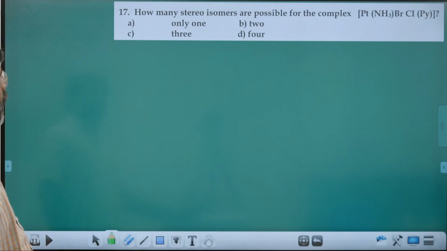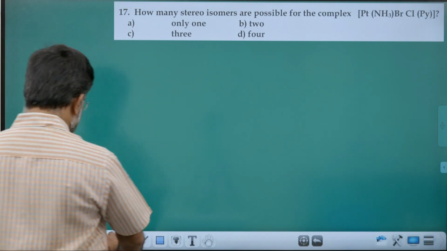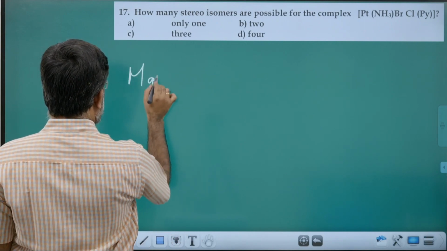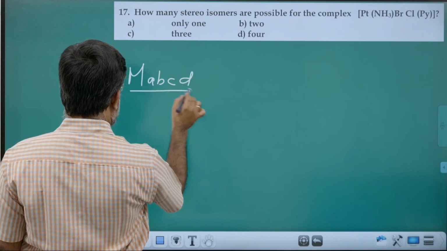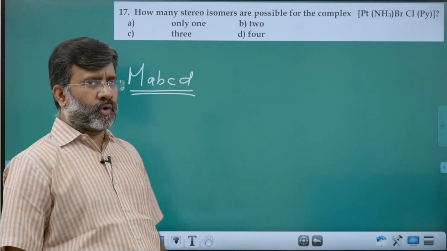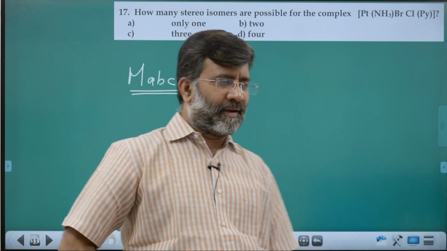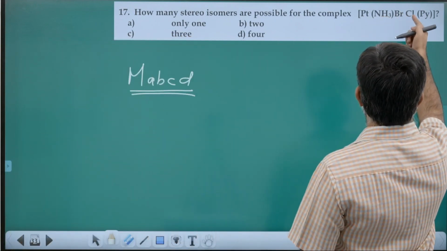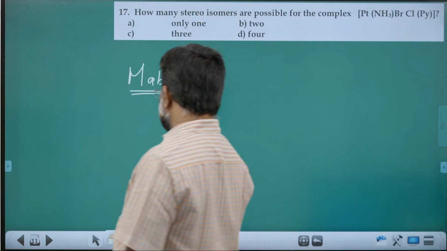How many stereoisomers are possible for the complex given? That is MABCD type. It will show three configurations. What are the three? M is platinum, A, B, C, D type.